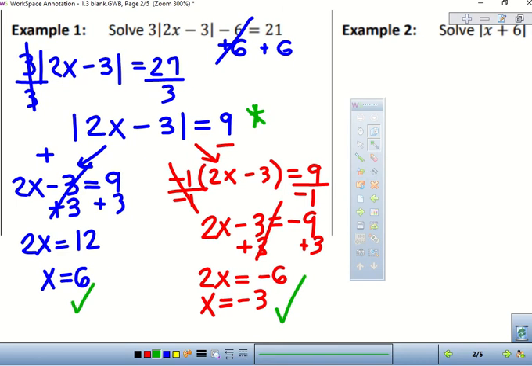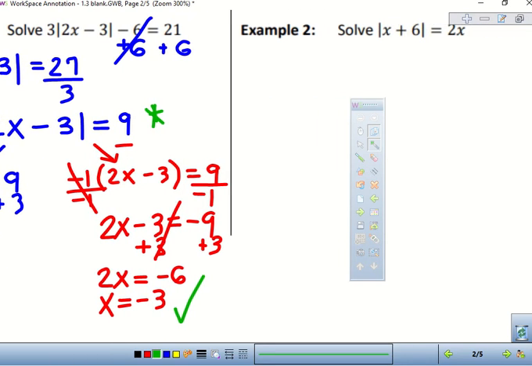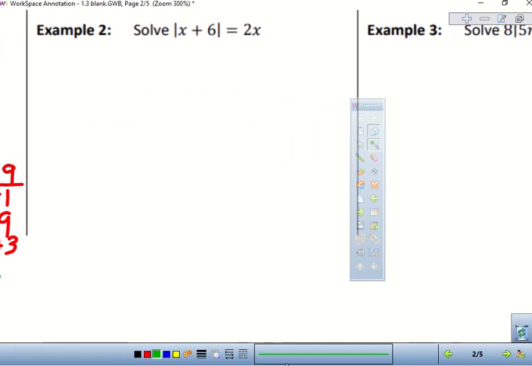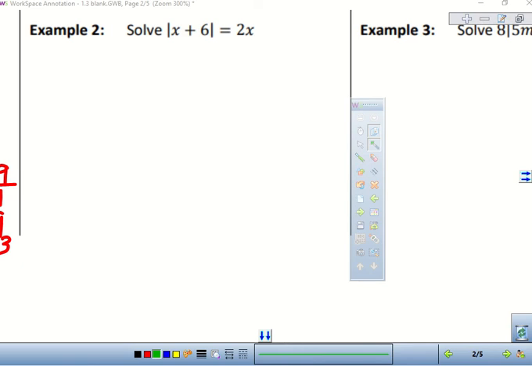So let's go ahead and try number 2. So the first rule when you're dealing with an absolute value equation or inequality is to ensure that the absolute value is by itself on one side of the equal sign. Do we need to do any work to get that done here? No, it's already done for us.